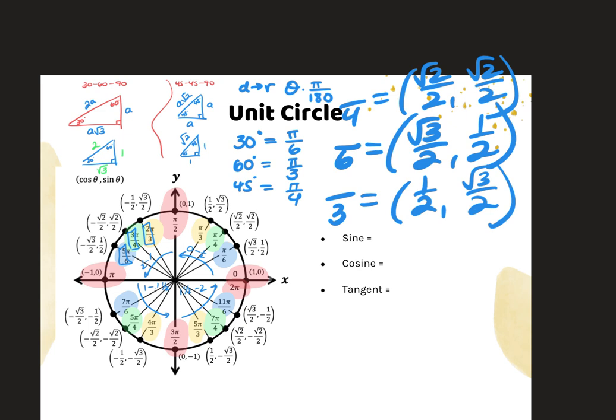If you know that, and you know which one is which, your x and your y, then it doesn't matter. You don't need your full unit circle in front of you. You can say, where does this angle lie? What quadrant? And then, is it a π over 6, a π over 4, or a π over 3? And you're done.